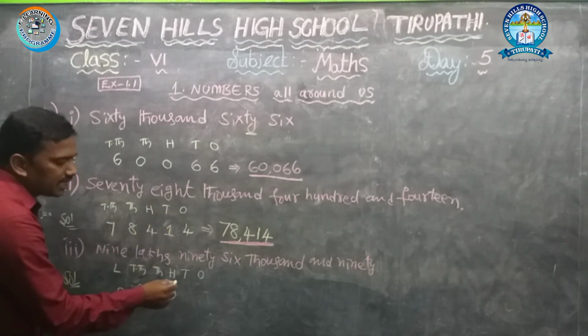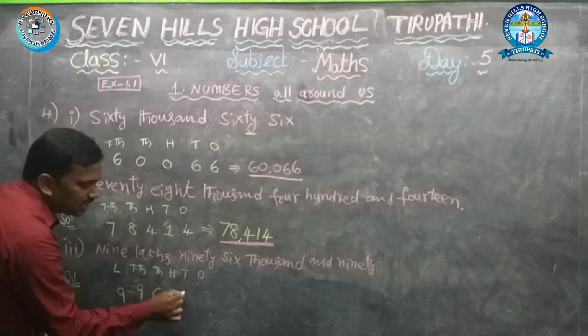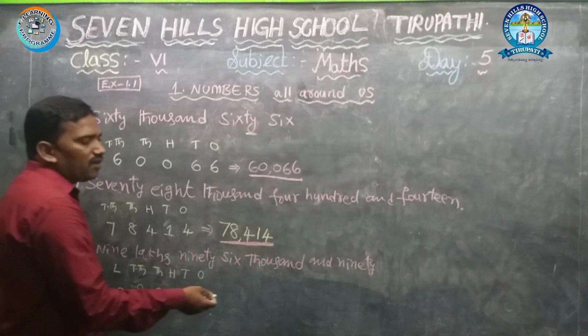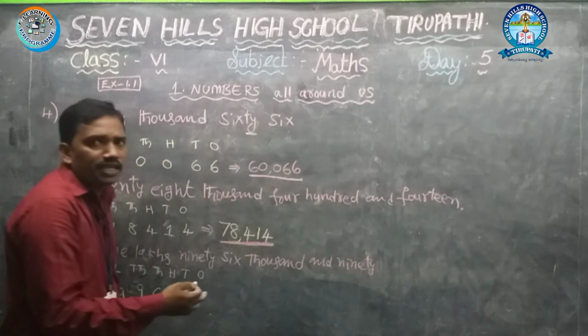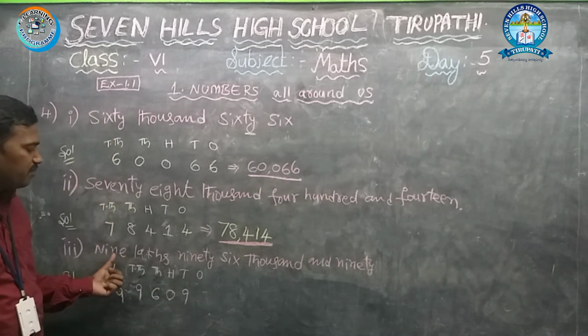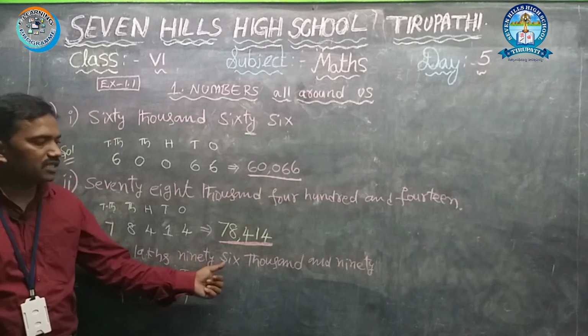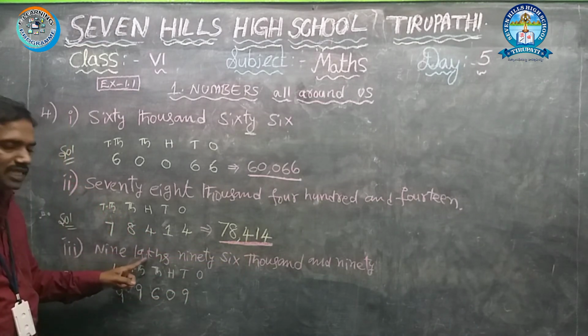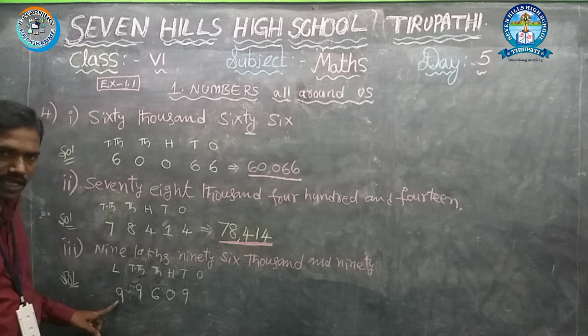Then 90 means in the tens place it will be 9, and in the ones place nothing is there. The number is 9,96,090. In the lakhs place 9 lakhs is there, so in the lakhs place it is 9.